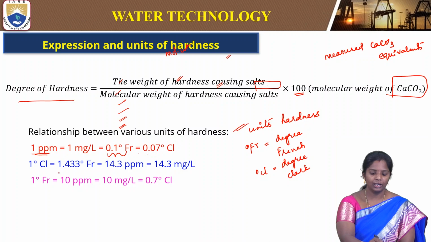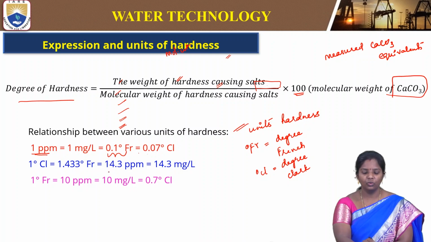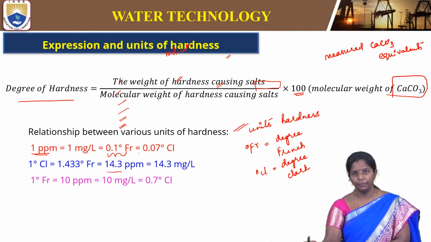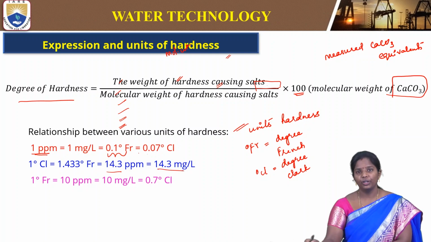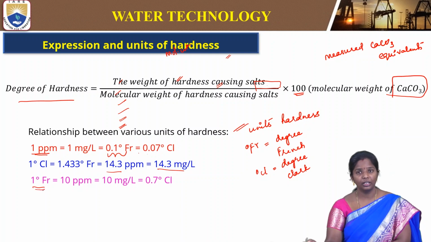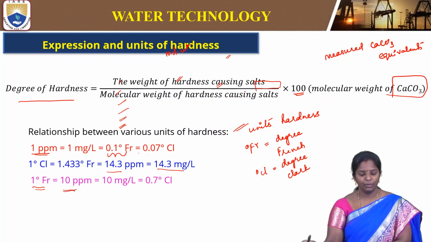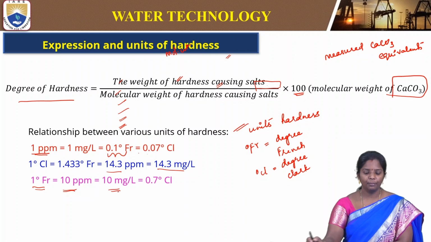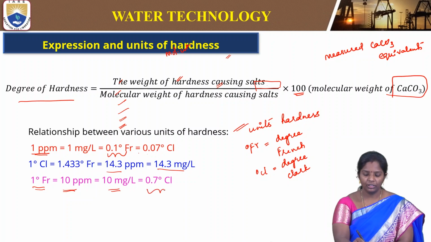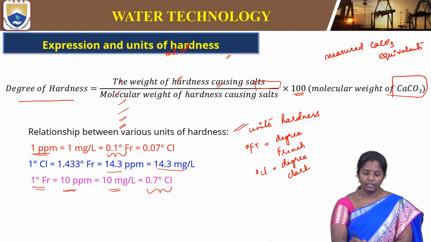And 1 degree Clark is equal to 1.433 degree French, that is equal to 14.3 ppm, that is also 14.3 milligram per liter. So 1 degree French is equal to 10 ppm, is equal to 10 milligram per liter. It is also converted to degree Clark like 0.7 degree Clark.